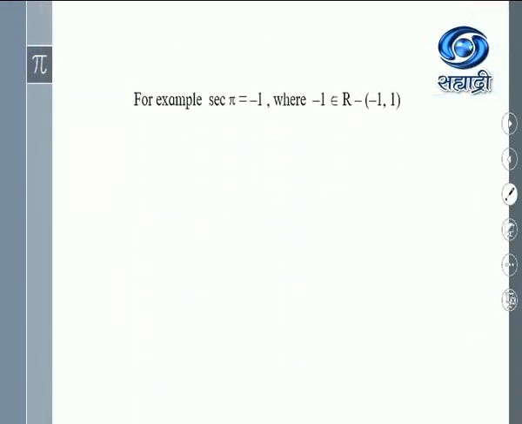Okay. Now let us consider one example. Sec pi is equal to minus 1. Let us check whether pi and minus 1 satisfy the given condition or not. This minus 1 belongs to the set of real numbers. From the set of real numbers, you will have to exclude the open interval minus 1 to 1. Check whether this minus 1 belongs to this interval or not.